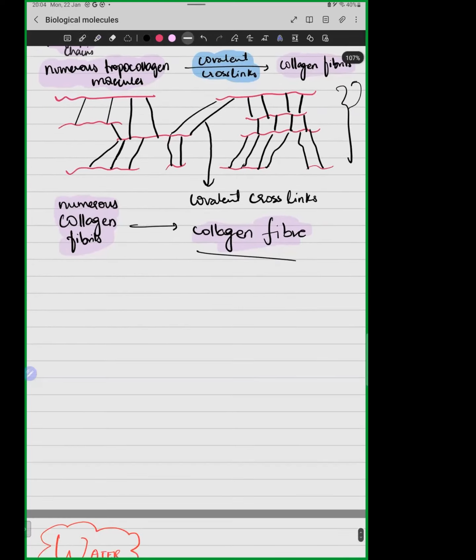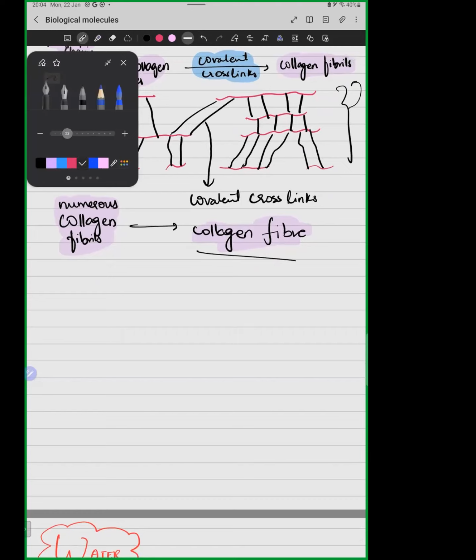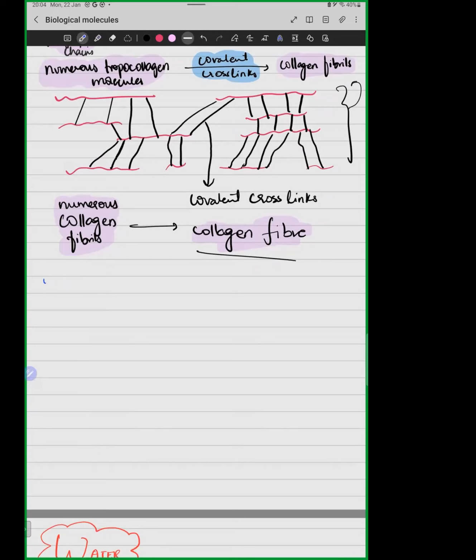So to summarize the topic of collagen, we would say that collagen is the main structural protein of animals.